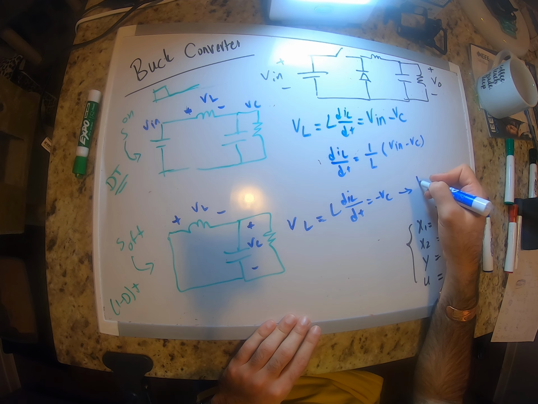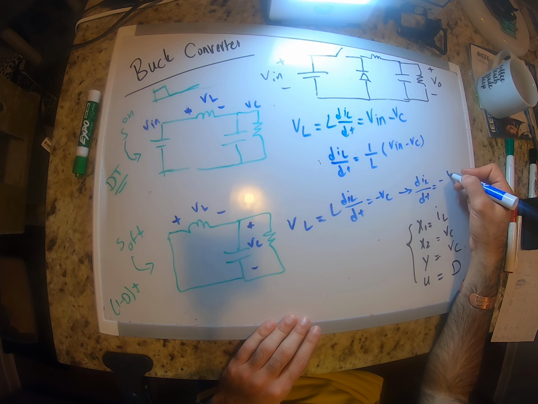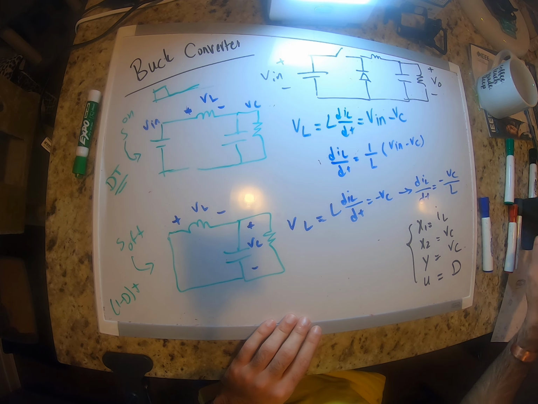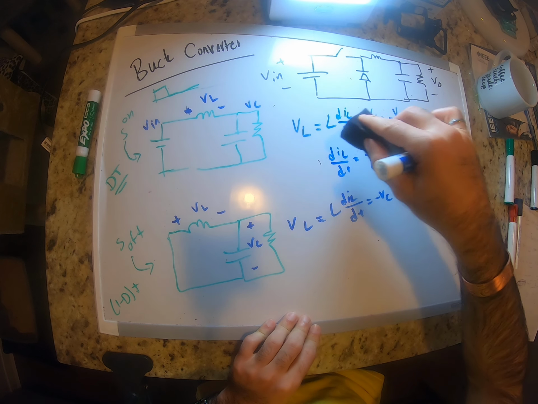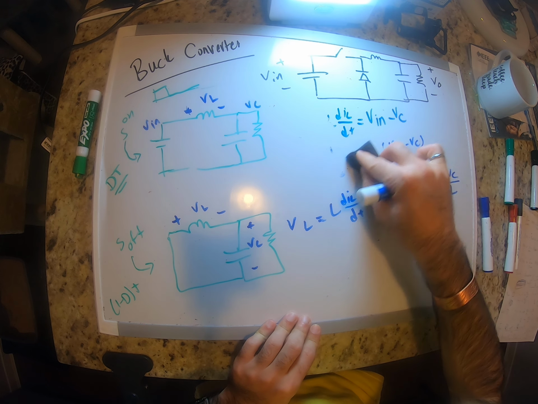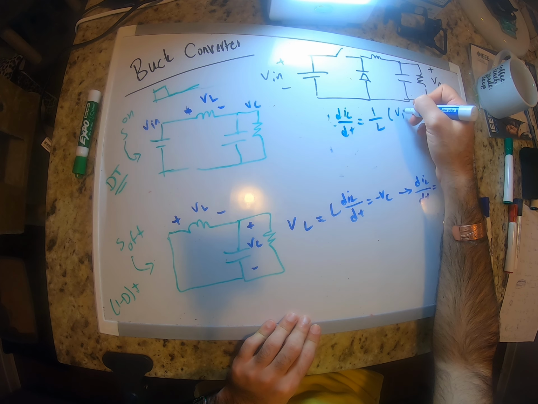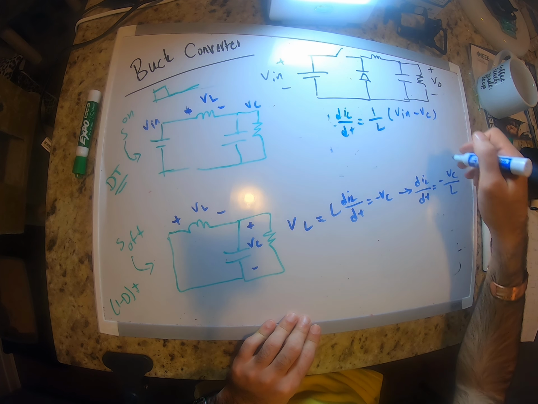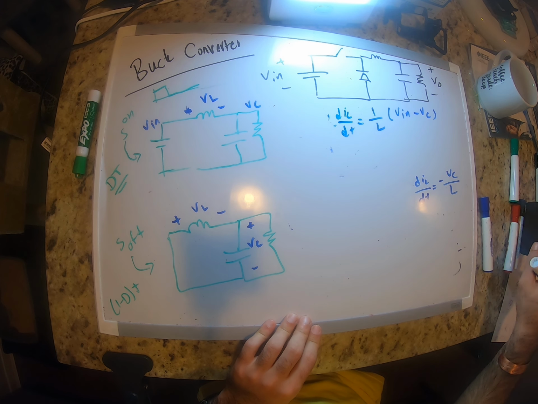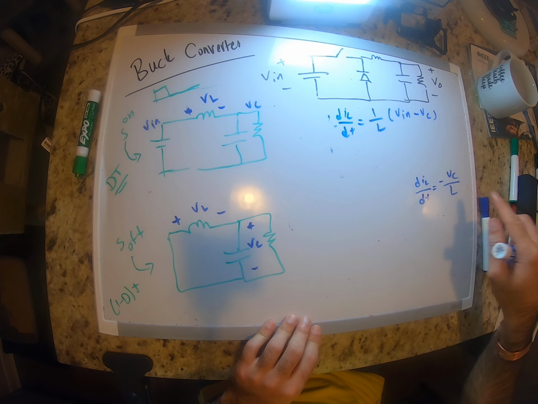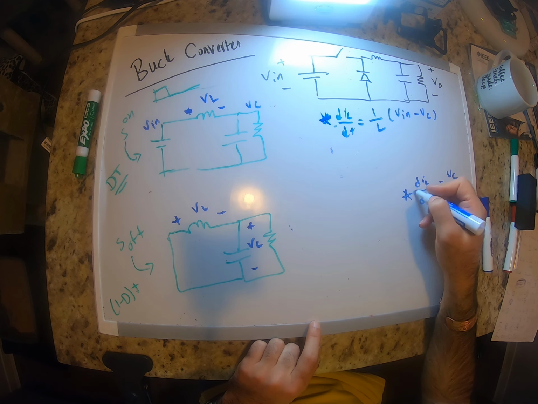It means that dIL by dt is equal to negative VC over L. Let me write this one here. So this is one equation that we have for IL.